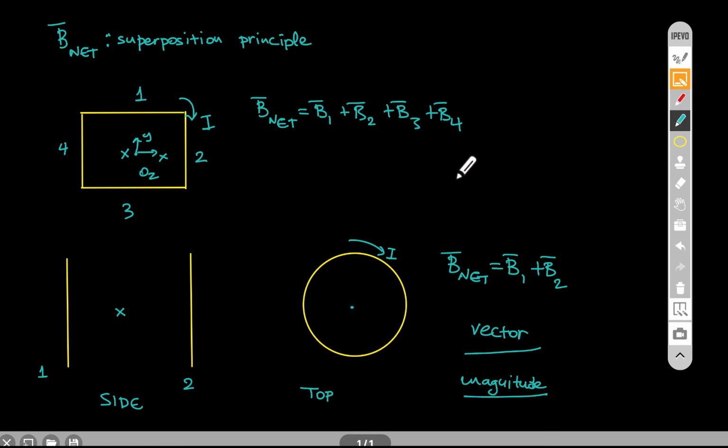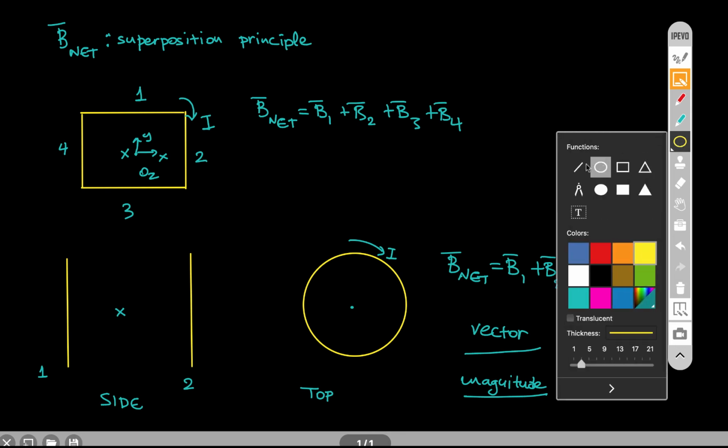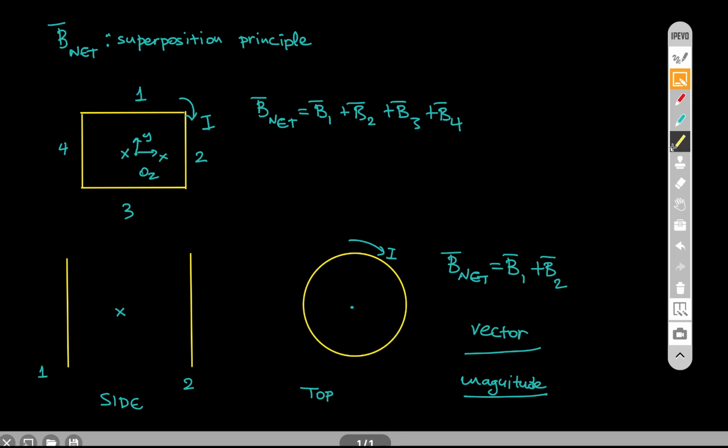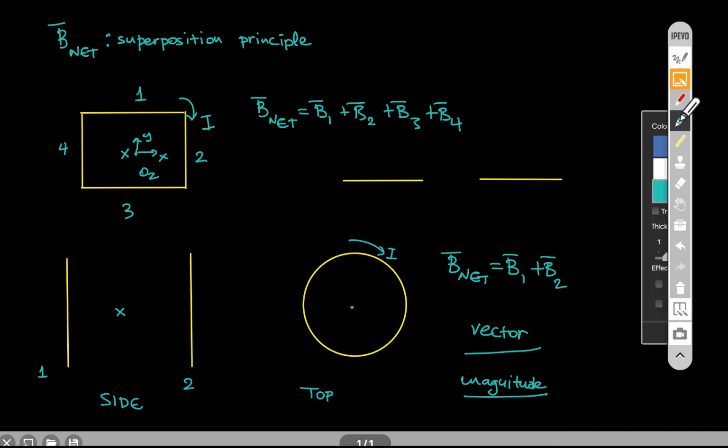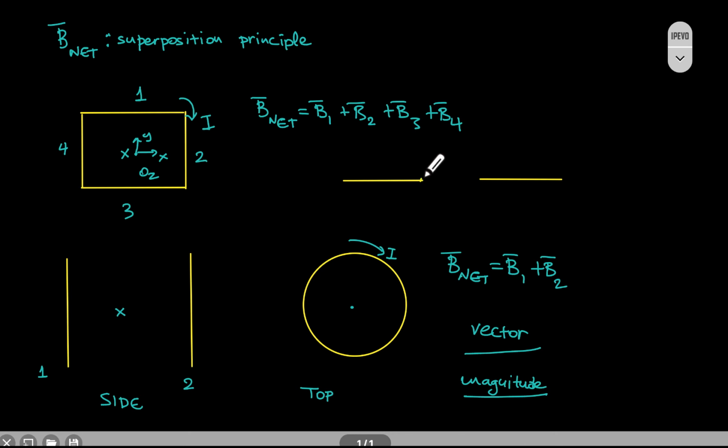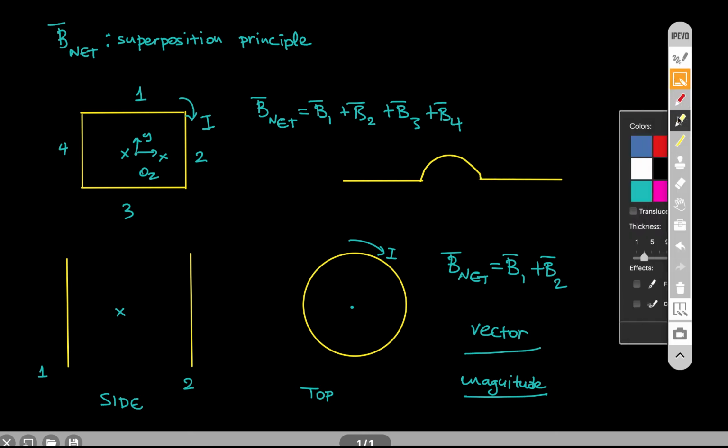Now, I do want to give you an example and also mention something in particular. Let's say we have a current carrying wire here and another one here, and then I am going to connect those two with a semi-circular loop, and say we have a current.